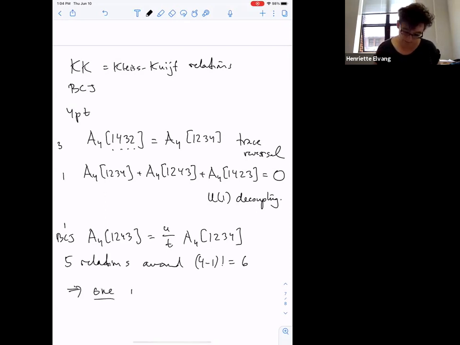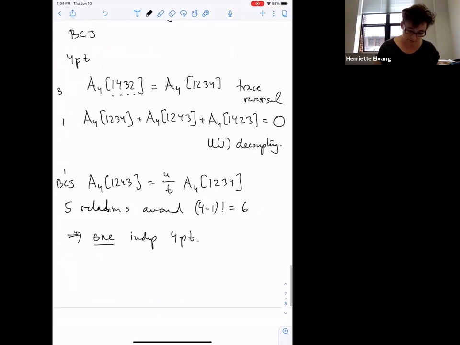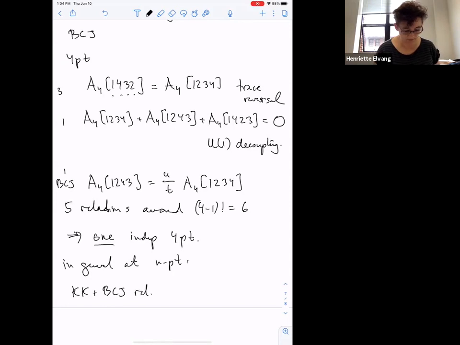So there's only 1 independent 4-point amplitude among the 6 color orderings. In general, at n point, there are KK plus BCJ relations that amount to reducing the number of independent amplitudes from (n minus 1) factorial to (n minus 3) factorial ones.